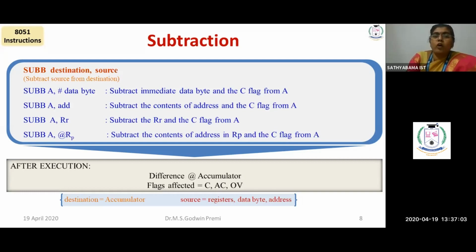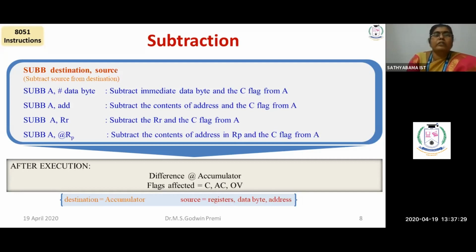So source operands are similar. Destination operand is also same. It is only the accumulator. And source operand can be any one among the four. One is immediate data, another one is direct memory address, another one is R0 to R7 registers available in the register bank. Then next is the address which is pointed by the pointing register.